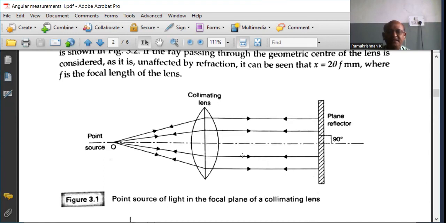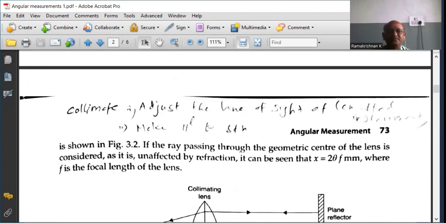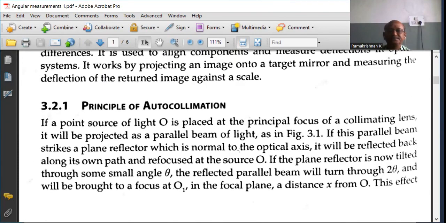Now all the parallel light beams are incident on the plane reflector. Here the plane reflector is at 90 degrees to the axis of the collimating lens, as you see in the diagram.